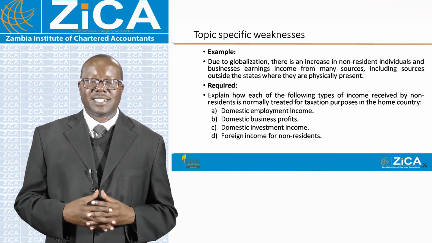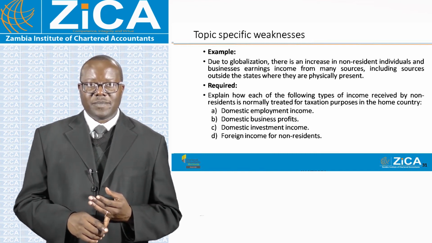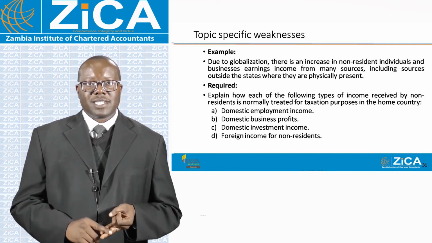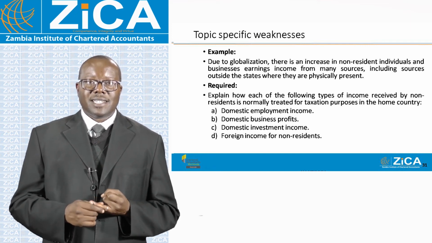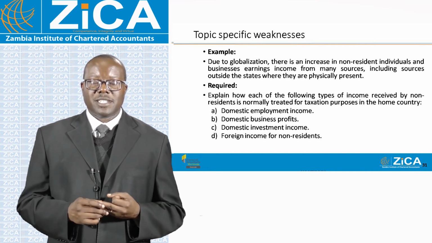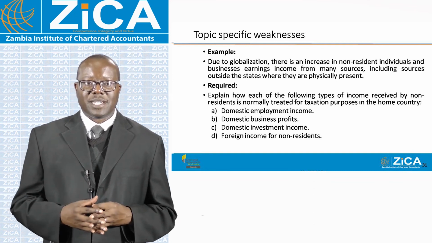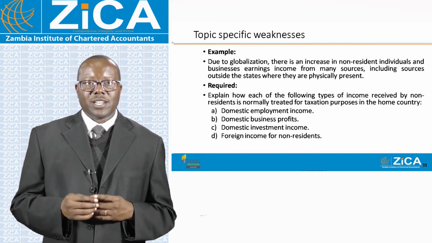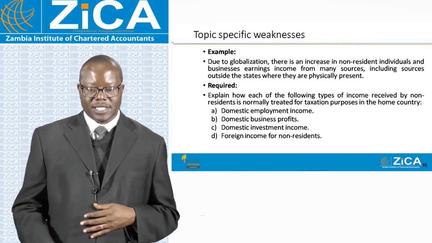The home country in this case may be Zambia. Domestic employment income, where a non-resident takes up employment in Zambia. Domestic business profit, where a non-Zambian resident takes up a business in Zambia. Domestic investment income, where a non-resident makes an investment in Zambia. And foreign income for non-residents, where a non-resident earns income from abroad.